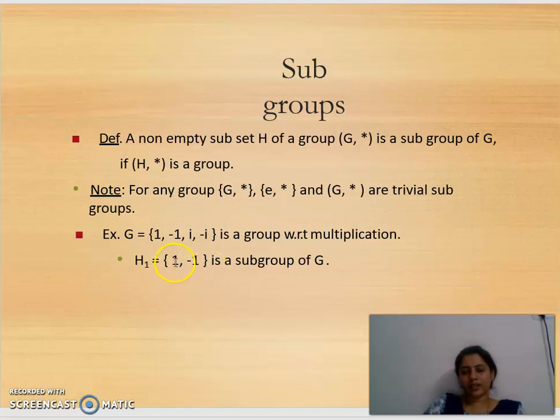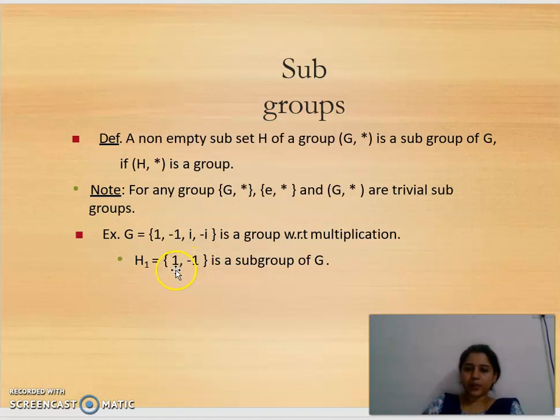Coming to closure, multiply 1 with -1 and you will get -1, which belongs to this H1 set, so it satisfies the closure property. As we have only two elements, it also satisfies the associative property.